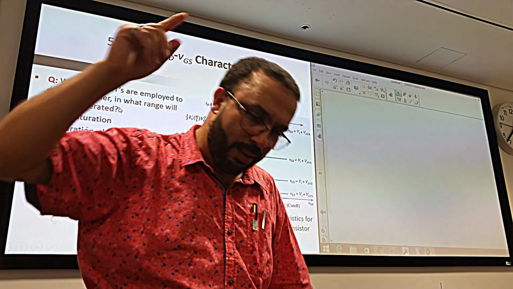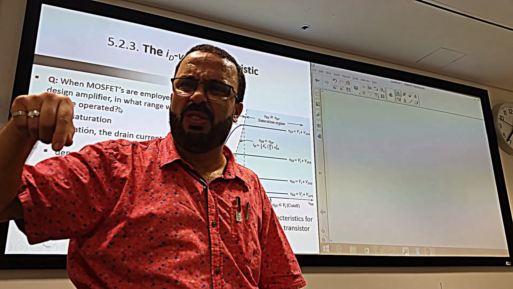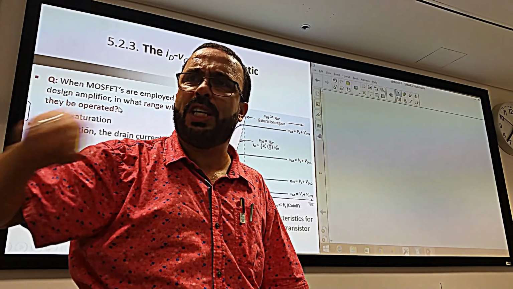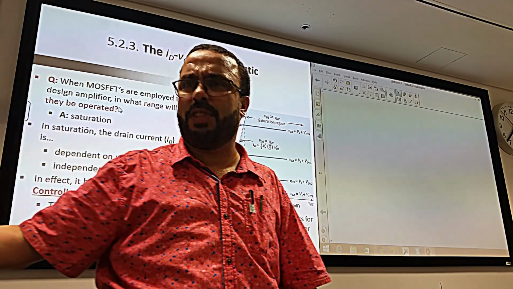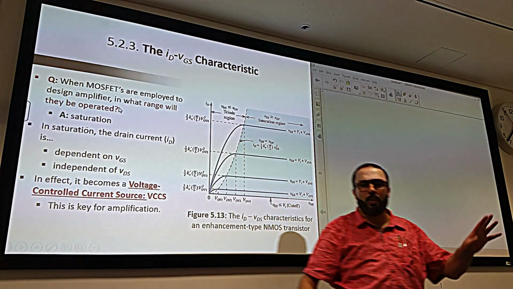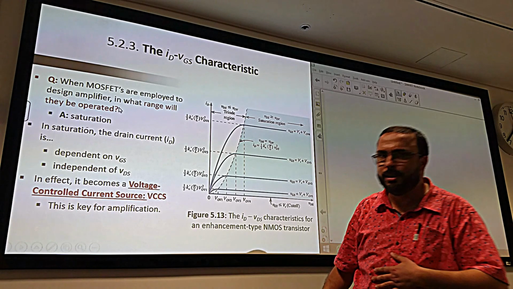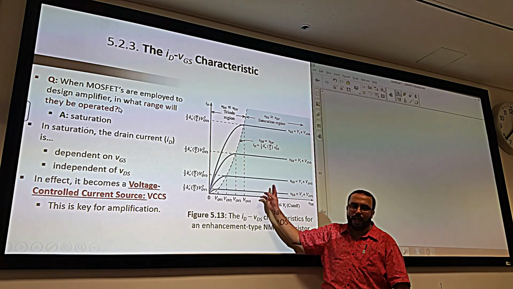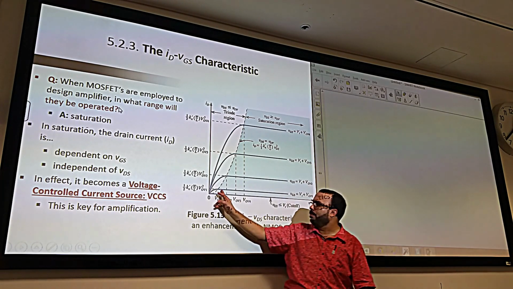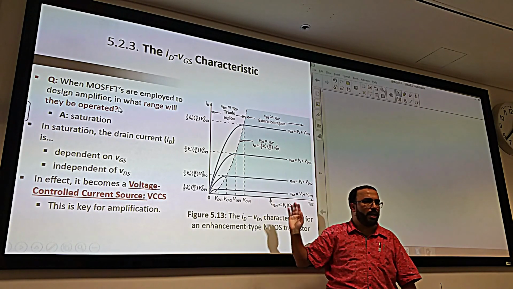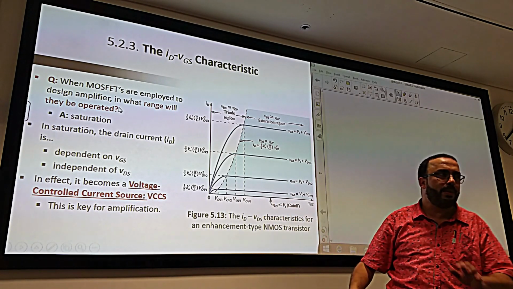VDS is greater than the overdrive voltage. And also, always, VGS has to be bigger than VT. You have to have a channel, yes or no? Because we always overlook this, we think it is given, but we have to make sure. Very good, excellent. As long as we keep our VDS above the overdrive, then we are in good shape. We can use the MOSFET as an amplifier.